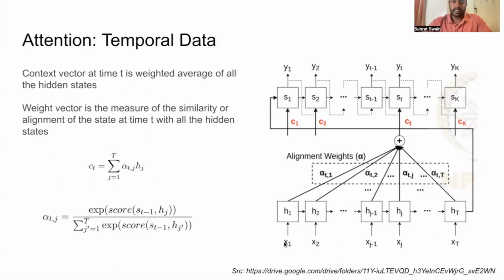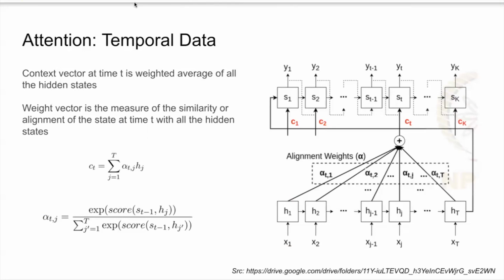So here you can see x1 to xt as input, and these inputs are getting transformed, getting to the hidden layer, and each hidden layer is now getting a weighted average and getting the summation.